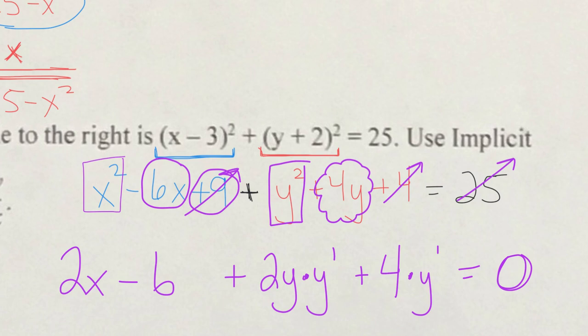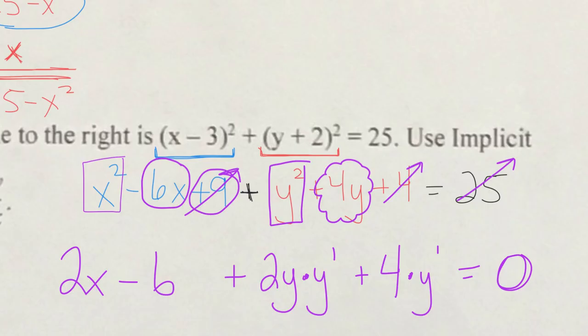Okay, so you just have to remember, anytime you're taking a derivative with y, you always have a y prime. Okay, every time. So yes, the derivative of 4y is 4, but then we have to multiply it by y prime, right? That's our chain rule for all of y. Okay, so 2y times y prime plus 4y prime.